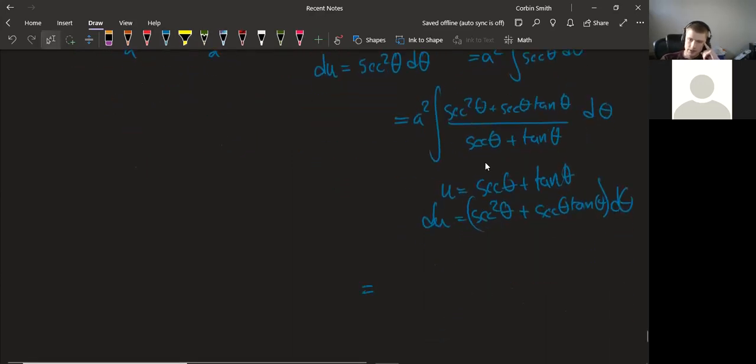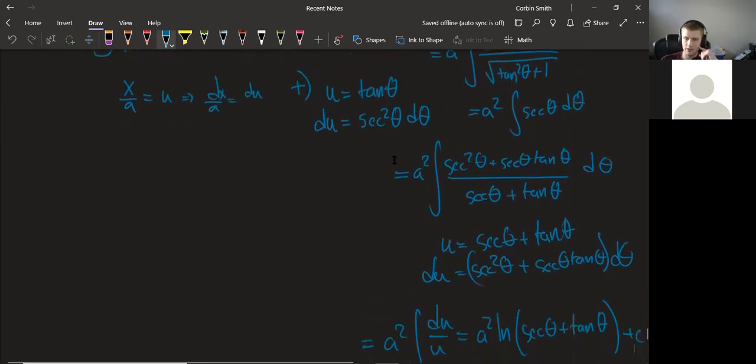So this is equal to a squared times the integral of du over u, which equals a squared ln of secant theta plus tan theta. Oh, I keep saying x. And then we need to keep in mind that theta is equal to arctan of x over a.